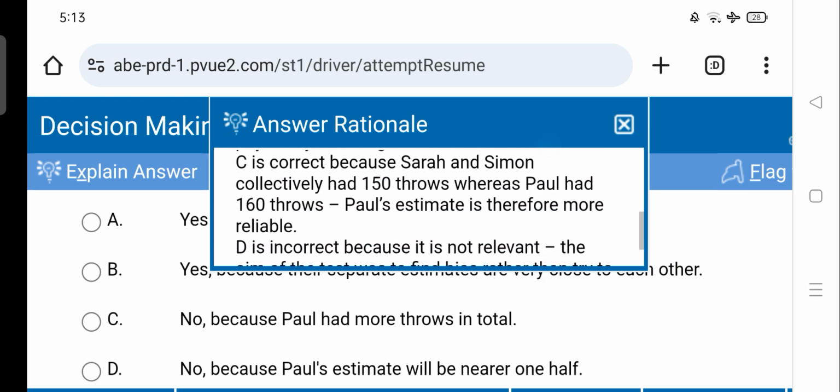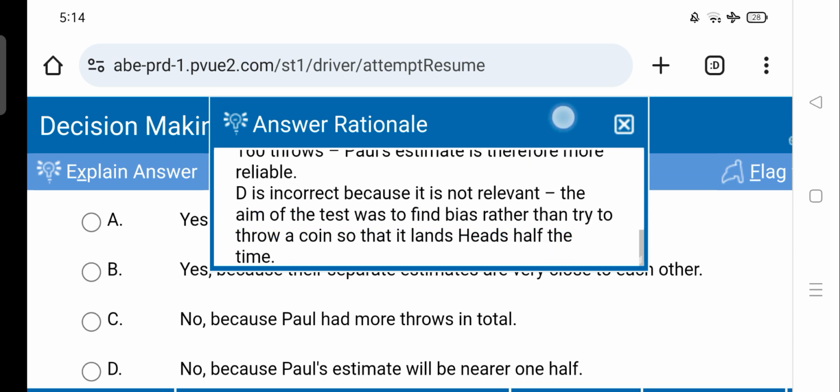C is correct because Sarah and Simon collectively had 150 throws, whereas Paul had 160 throws. Paul's estimate is therefore more reliable. D is incorrect because it is not relevant.